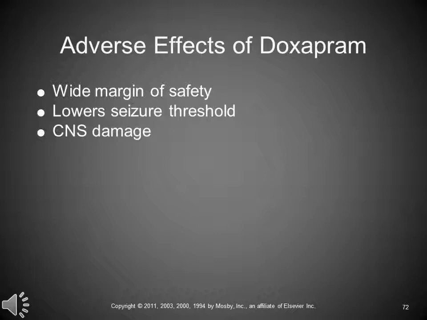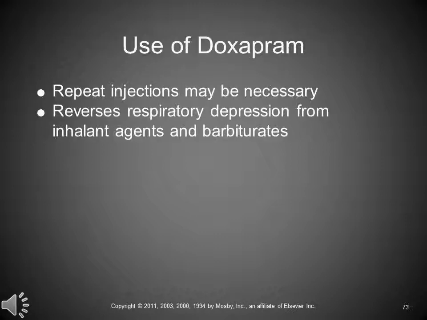It can lower the seizure threshold, so if possible, avoid it in animals that have a history of seizuring. And in overdoses it can cause CNS damage. Okay, it is a potent drug, but at the doses we are talking about, any chance of CNS damage is almost non-existent. To stimulate respiration, to really get the patient back, repeat injections may be necessary.